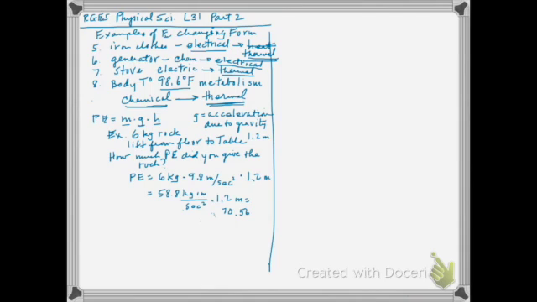So we have kilograms, meters times meters is meter squared, all over what? Second squared, right? So that's our final answer. It's 70.56 kilogram meters squared per second squared.